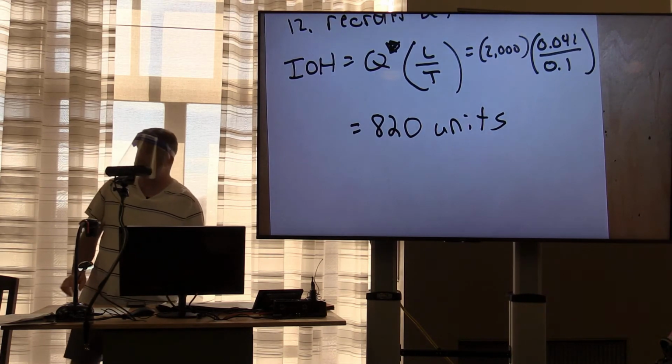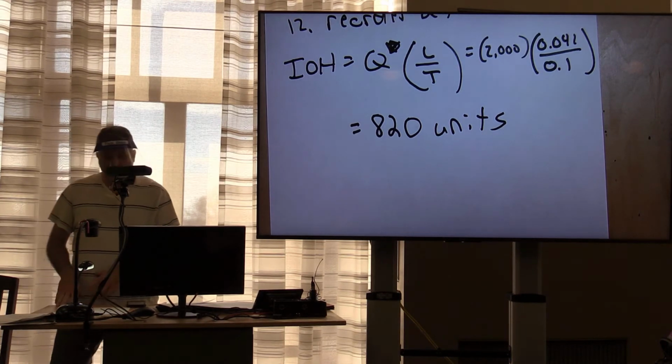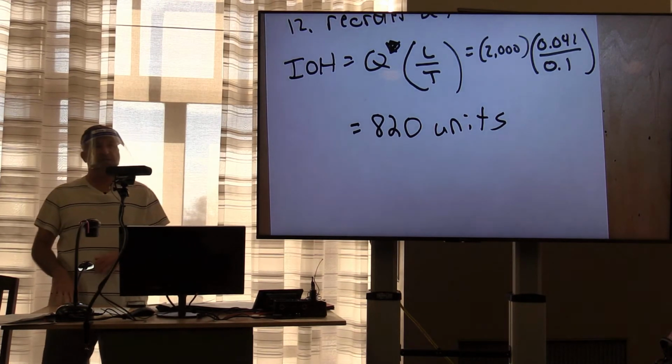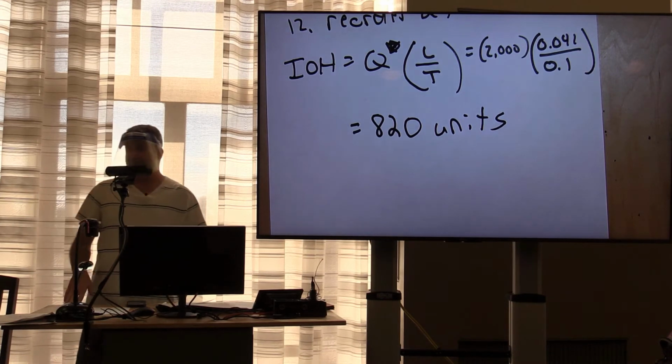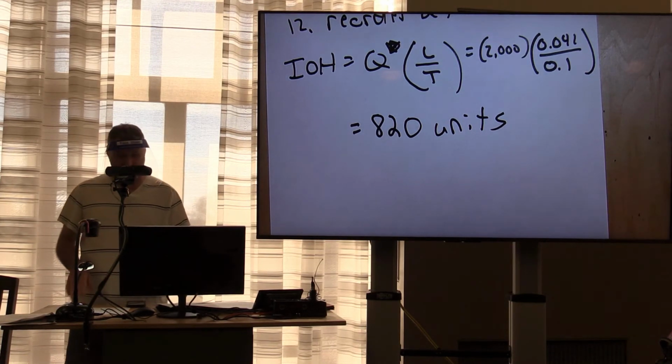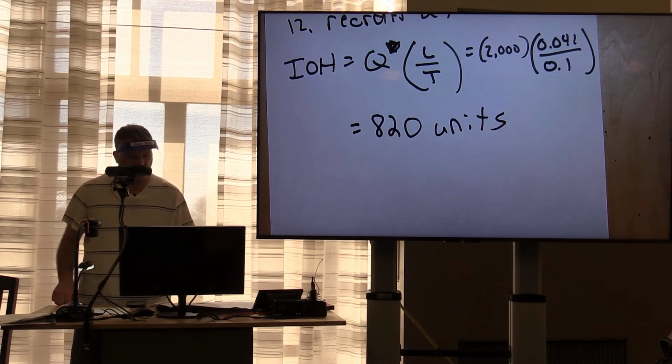Yes, you're ordering Q units, 2,000 each time. When you get down to 820 units, that's when it's time to reorder. That's what that means.